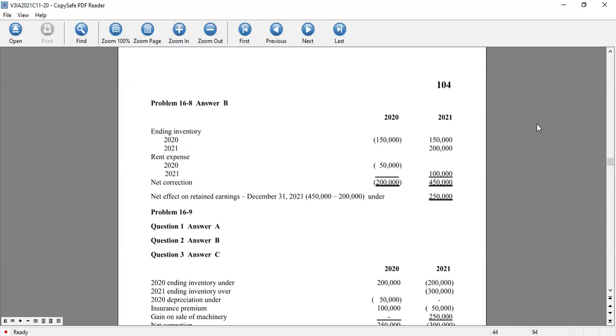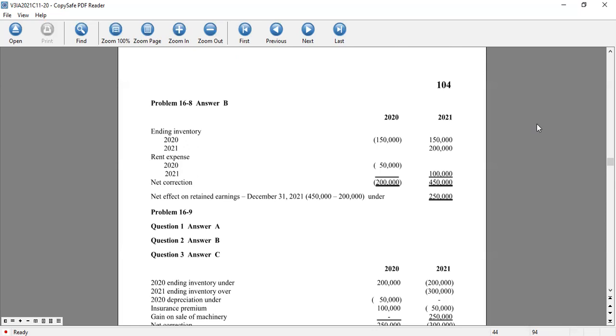Since understated, net income was overstated. So we have to deduct further from retained earnings. In 2021, rent expense was overstated, net income was understated, so we have to add more.